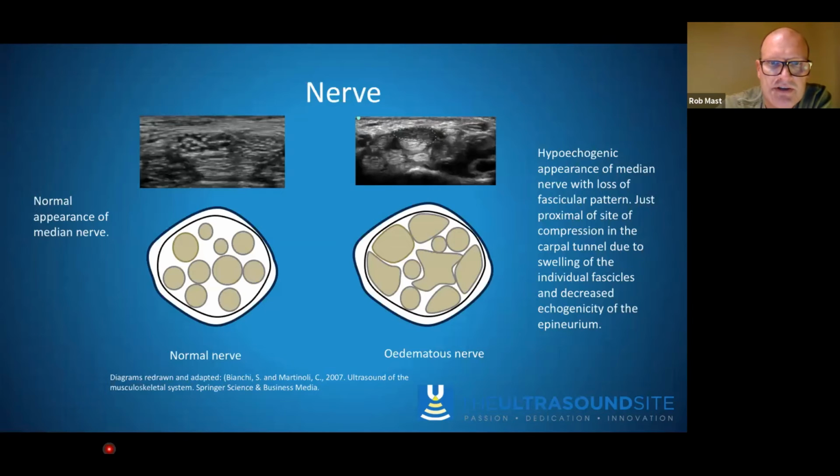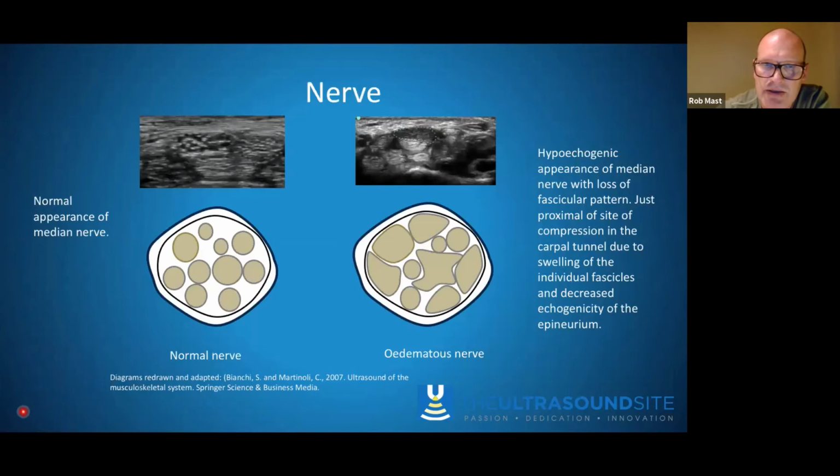Now, as you can see on the right hand side, an edematous nerve shows very different, because the fascicles themselves become edematous and swell up, and because they're already dark, they take up even more space within the sheath, and therefore the overall appearance of the nerve becomes darker still, and the connective tissue is pushed away a little bit.